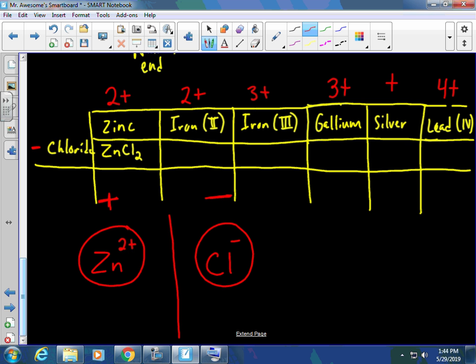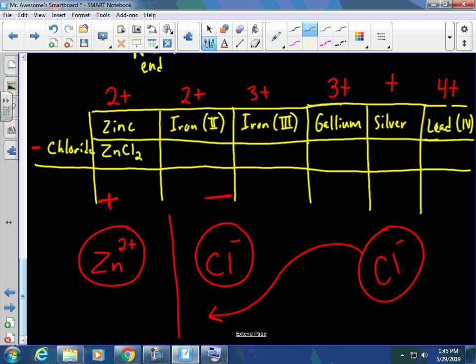So what that means is if we really have this, what we refer to as a formula unit, it's going to attract another nearby chloride ion. It's going to come in here. So if that other chloride ion is involved in this compound, how many chloride ions are there? 2.